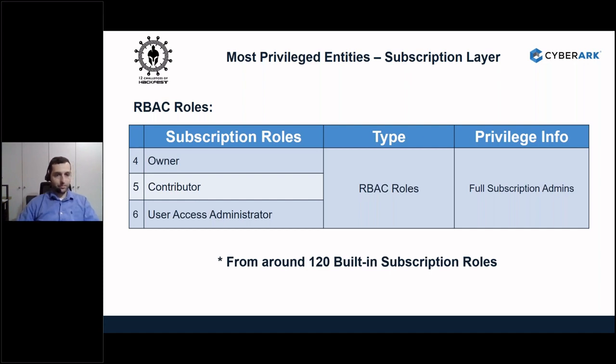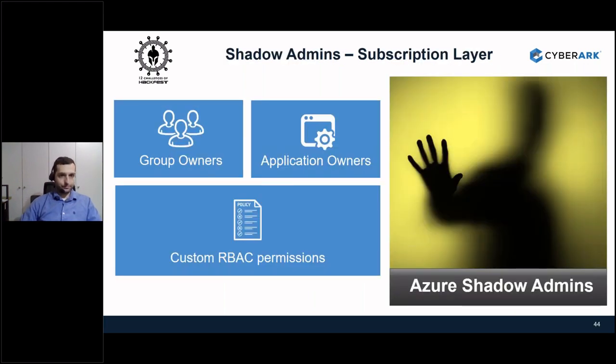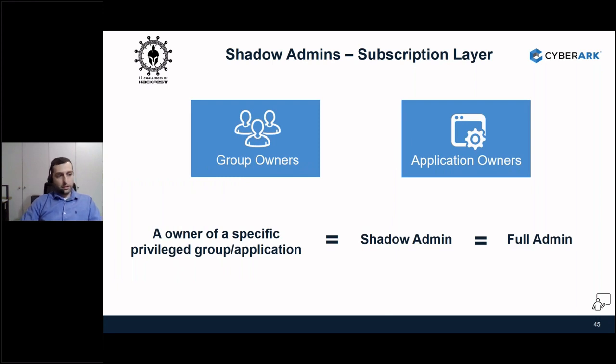This is from about 120 built-in subscription roles that Azure has. But also here there is a bit more complexity. First, group owners. In Azure, every group or application can have an owner.